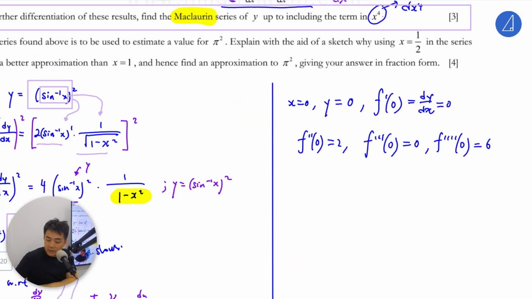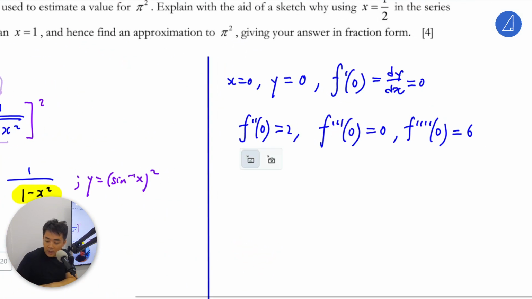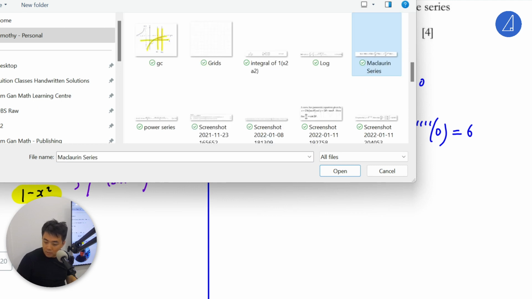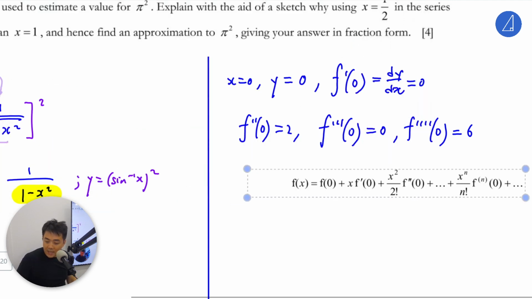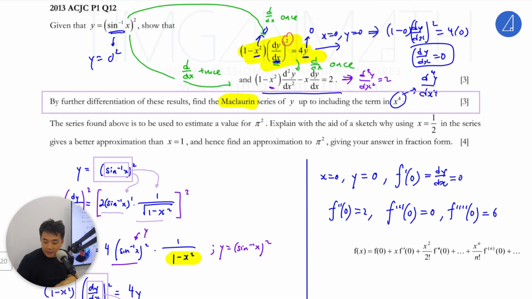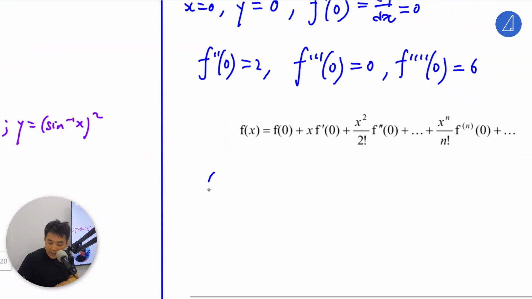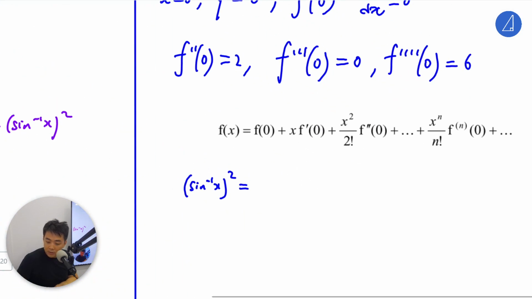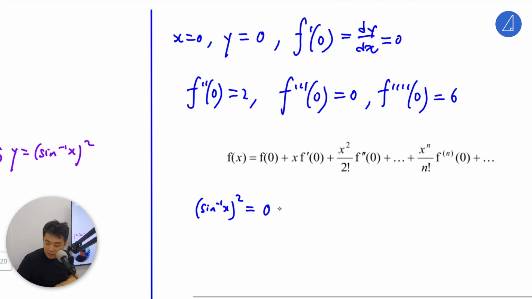So the Maclaurin series, bring out Maclaurin series. Remember last week we talked about Maclaurin series is finding the polynomial. So f(x) is sine inverse x square equals f(0), which is 0.